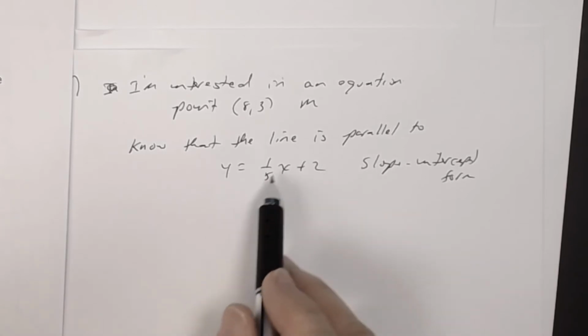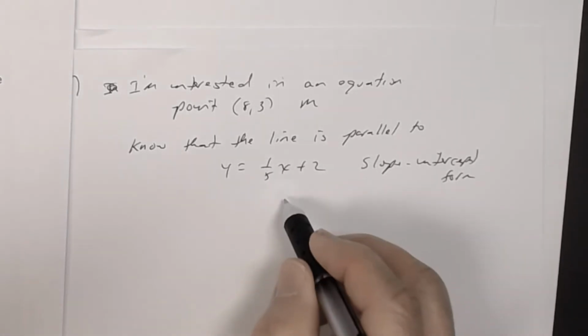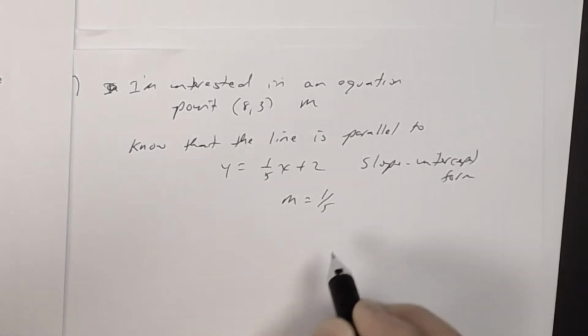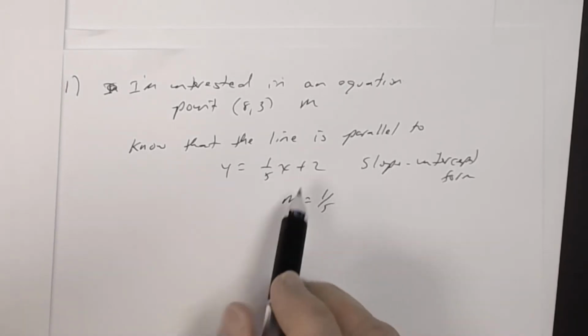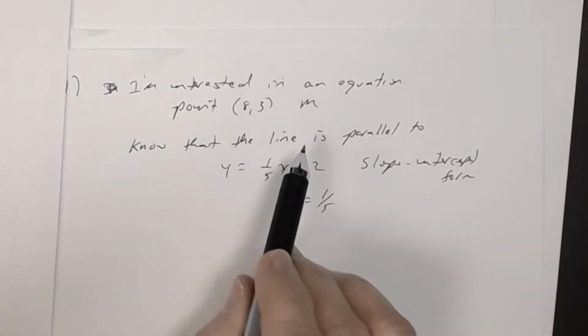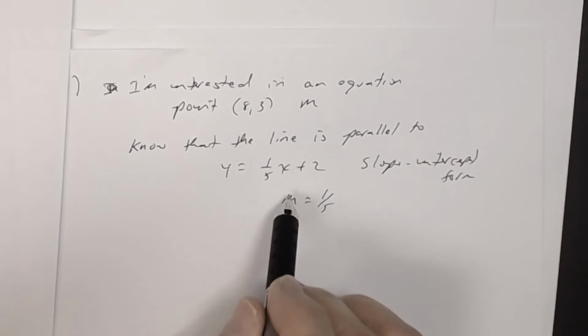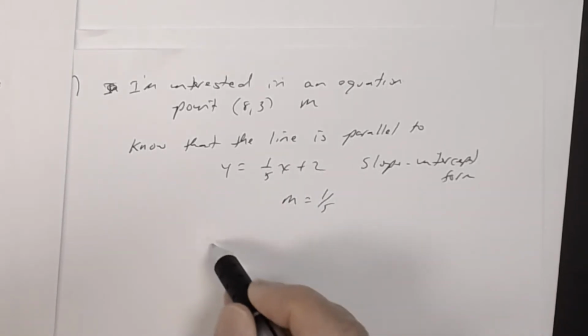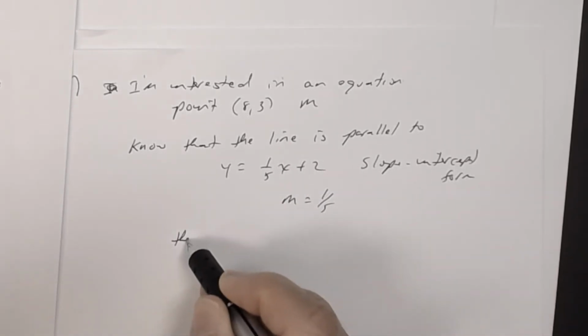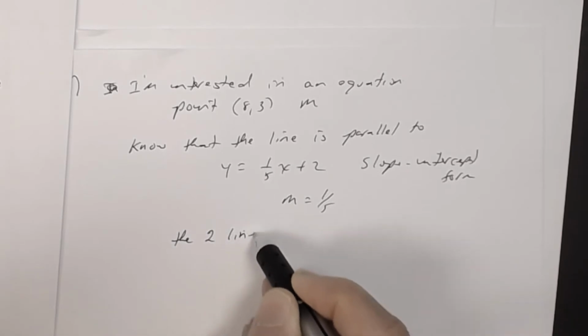The slope is 1/5. So m equals 1/5. Since this line and this line are parallel, they have the same slope.